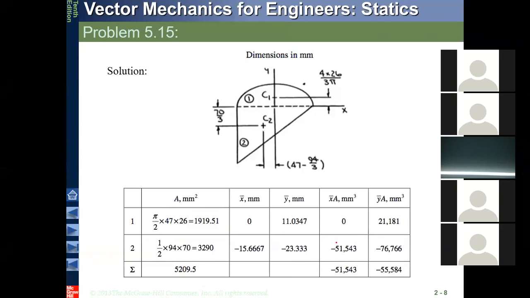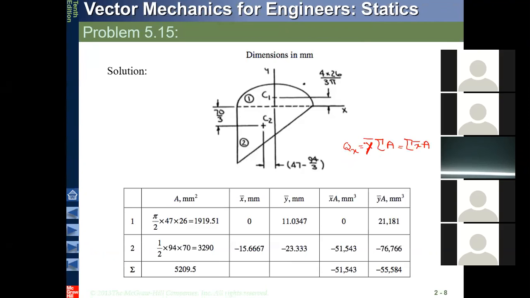I'm going to write here the first moment, which is x bar sigma a, which is equal to small x a.